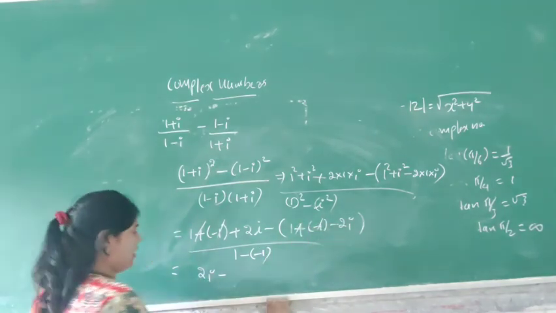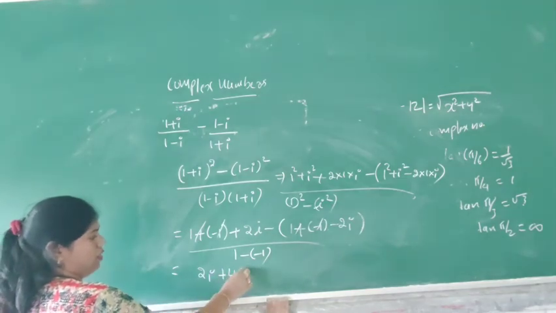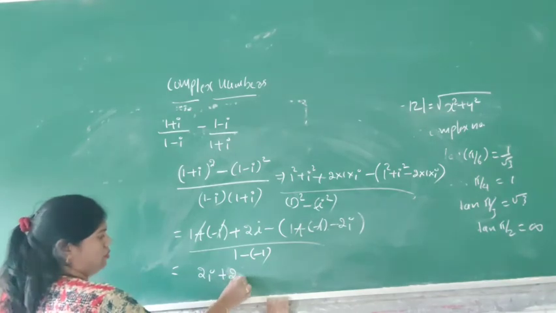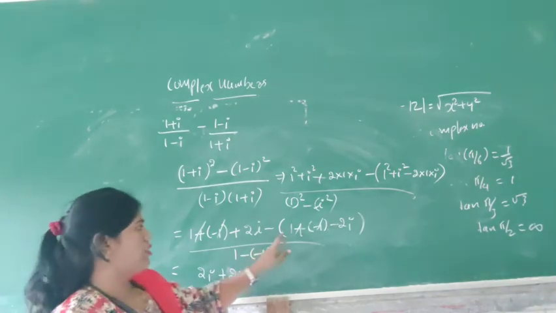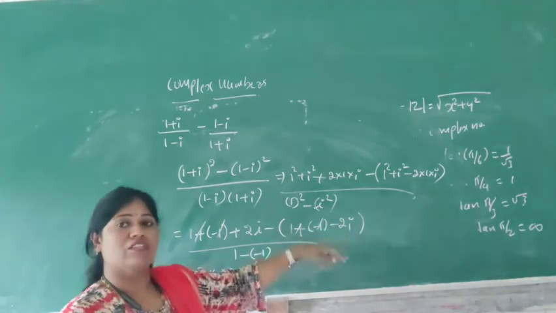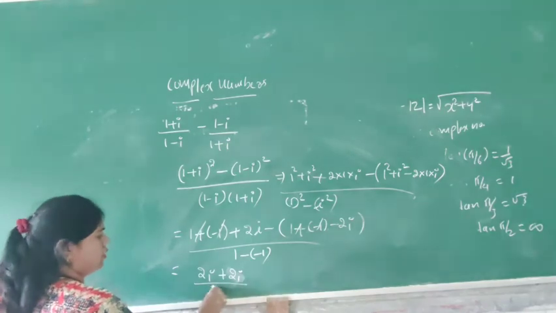Minus into minus is plus, so plus 2i, and the remaining minus 2i becomes plus 2i, which is 4i.